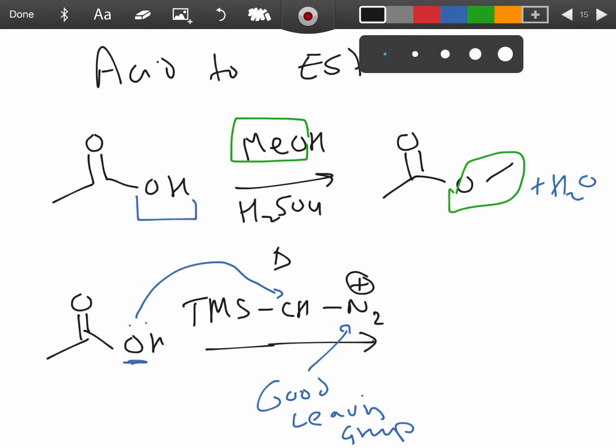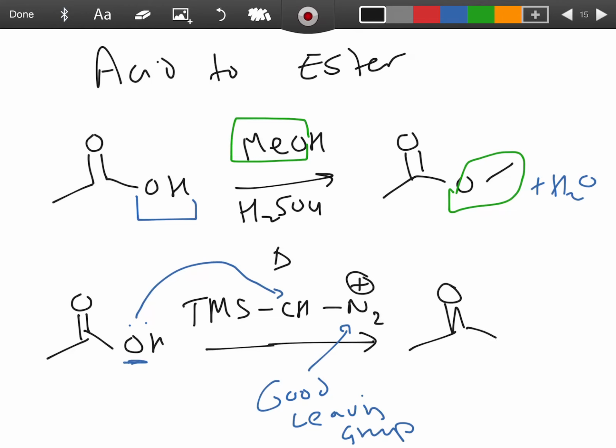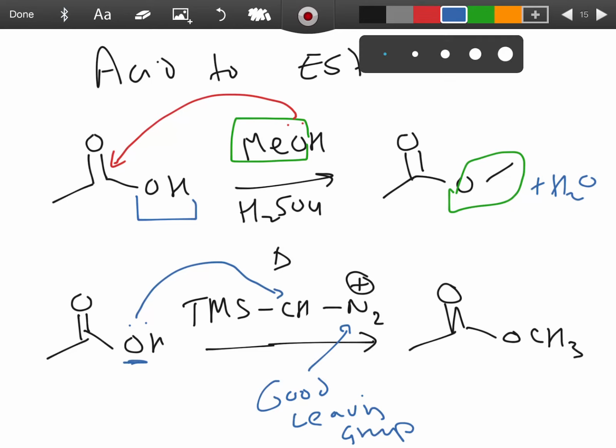And then they lose the TMS group or whatever, and you end up with your ester that way. So in the Fischer esterification, your alcohol adds to your carbonyl carbon, and you switch off the oxygen from the acid with the oxygen from the alcohol. Here, your acid oxygen adds to the carbon.